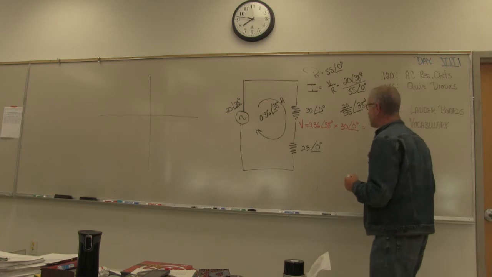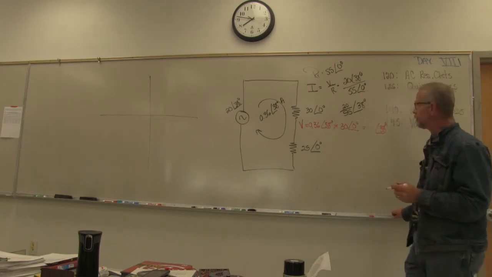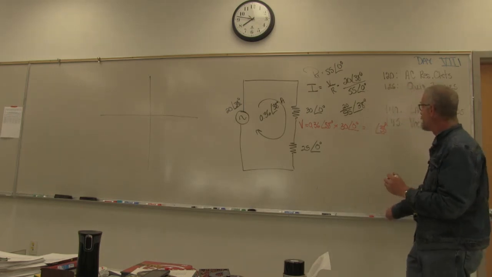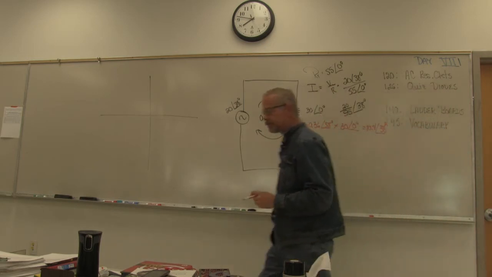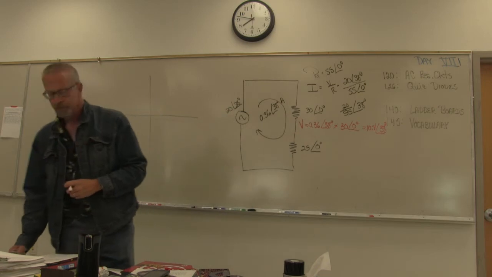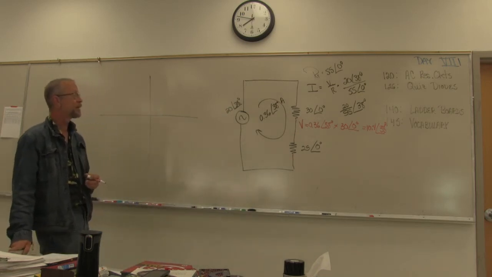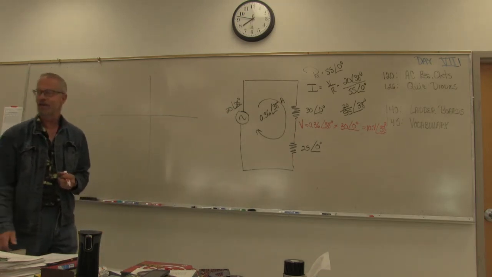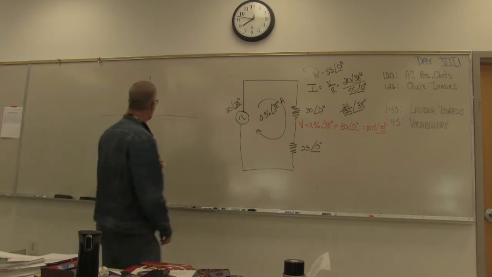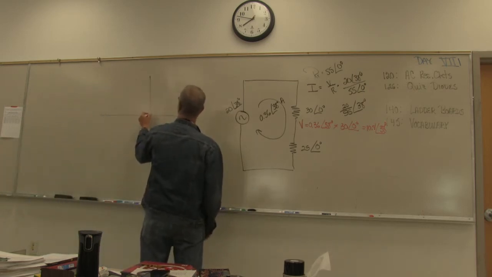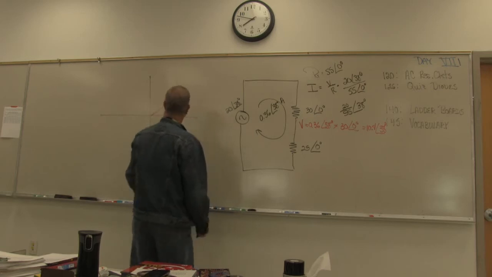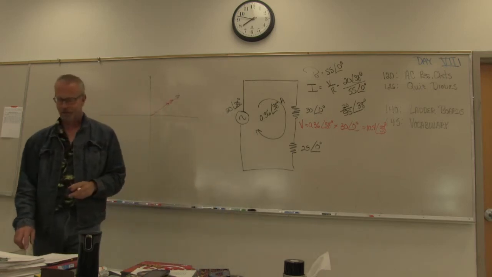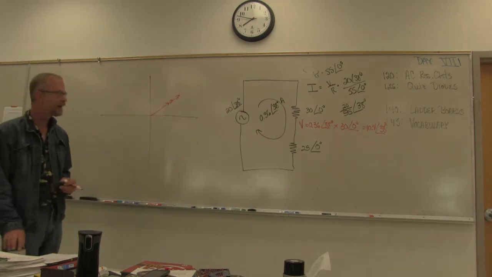And 30 times 0.36 is what? 10.8? Yep. So what happens is everything has an angle of 38 degrees. So all of our vectors now look like this, whereas before they were on the x-axis.